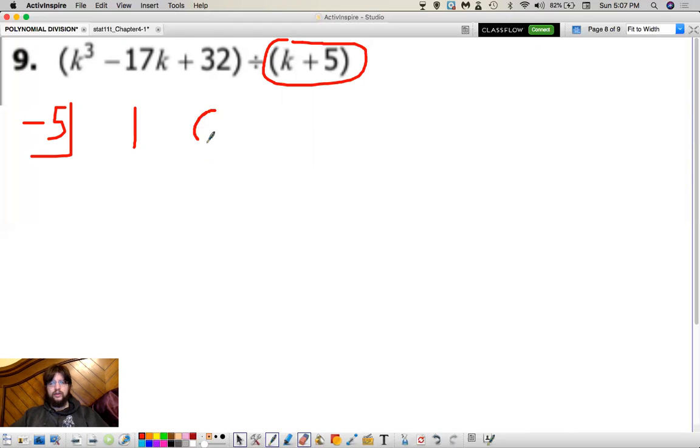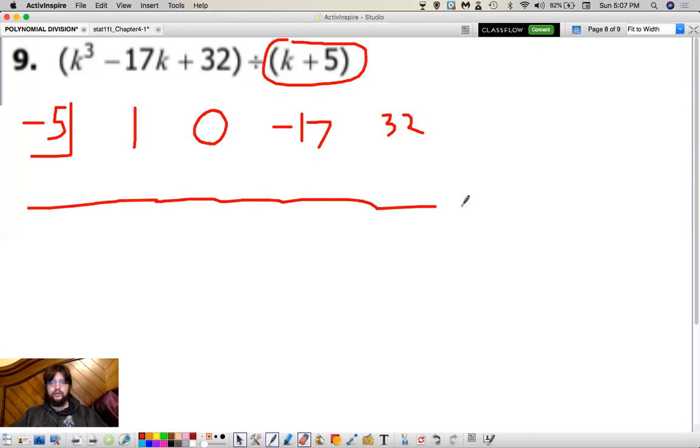I have 0 k-squareds. There's nothing here for k-squared, so you've got to write the 0. You have to write down all of your coefficients, or you're done for. Then we have the negative 17, the positive 32. So always, always, always make sure you write down every single coefficient, even if it's a 0.